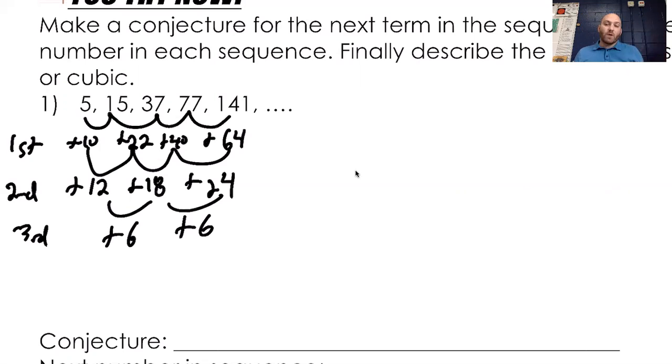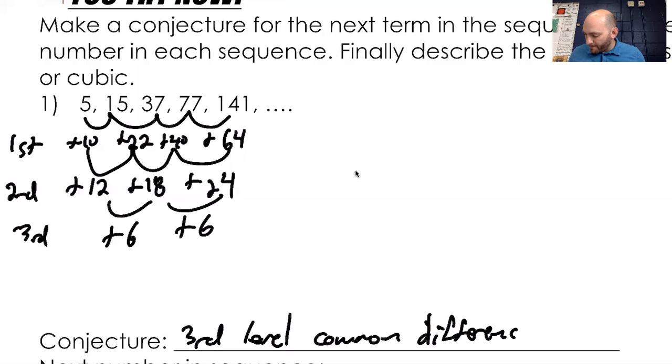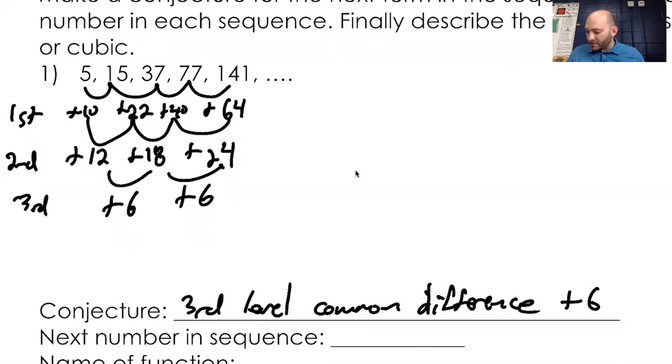Okay, so here's what I'm going to write for my conjecture. I have a third level common difference of plus 6. So now, to figure out the next number, I'm going to go ahead and apply that to the next step. So that's plus 6, which means this is a 30. That 30 is telling me how do I get from 64 to the next number.